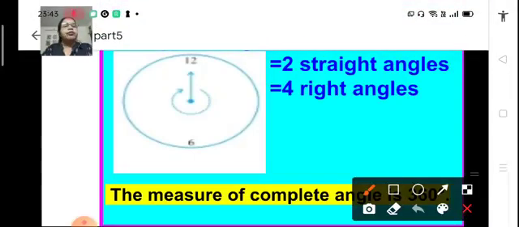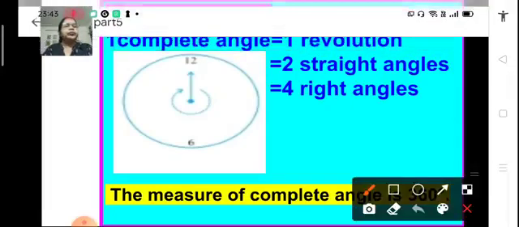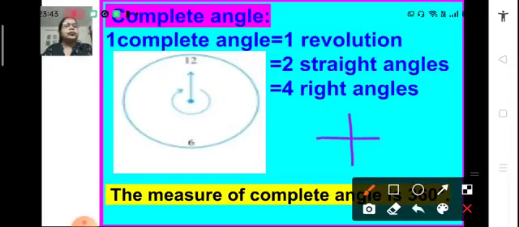Children, suppose we move from north to east, then we move through a right angle. Then from east to south we move through another right angle. Then from south to west we move through another right angle, and from west to north, if we move in clockwise direction, another right angle.